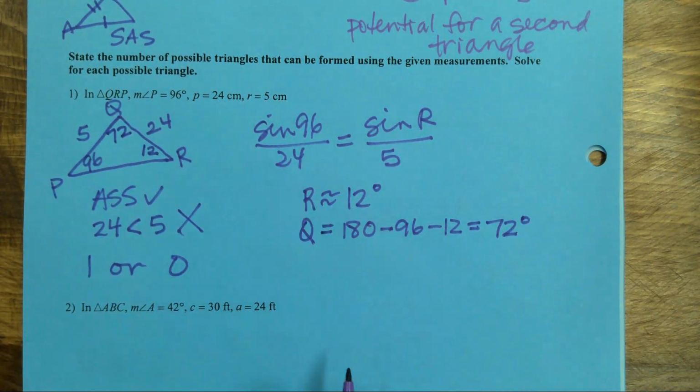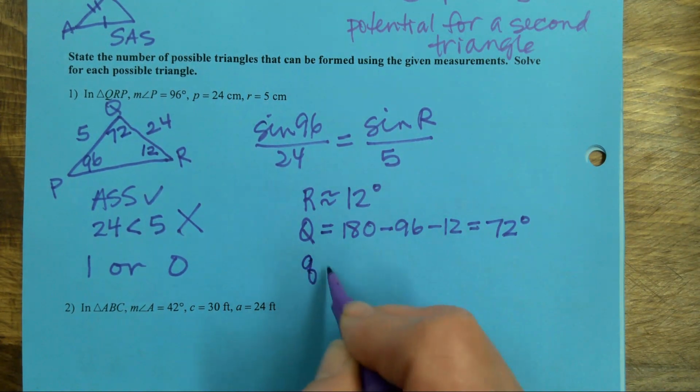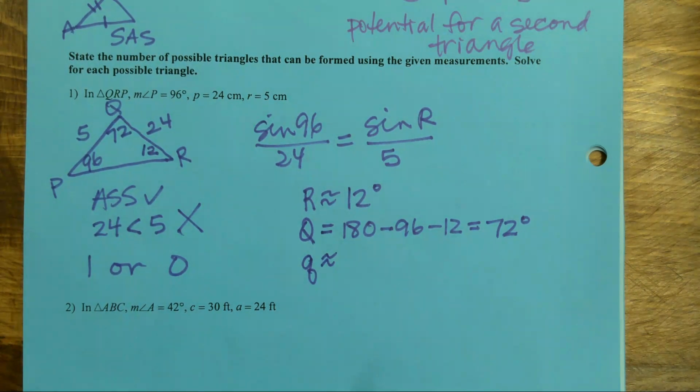And now the last thing I need to do is find side Q, because that's the only other side that's missing. I have R, I have P, I don't have side Q, and so we'll just go back in and do what we did earlier.